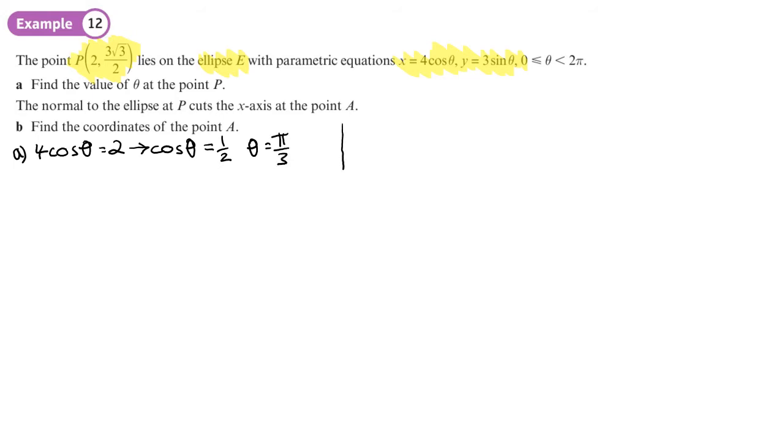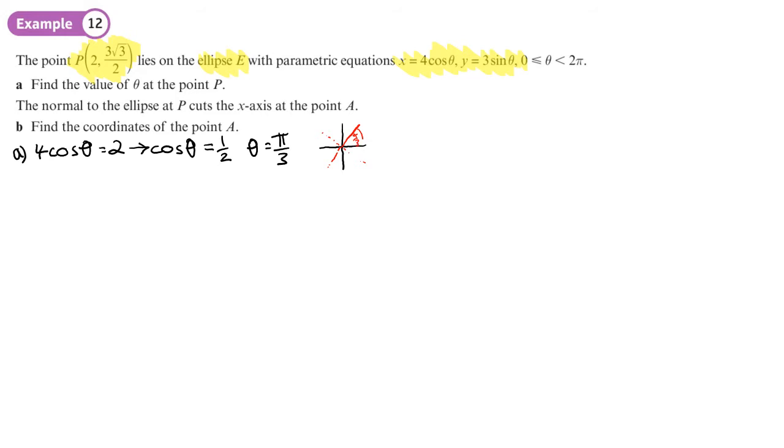Okay, so let's do a little tiny CAST diagram here. So pi over 3 is going to be here, like this is my pi over 3, little tiny pi over 3 there.